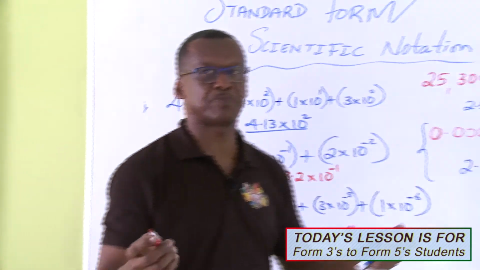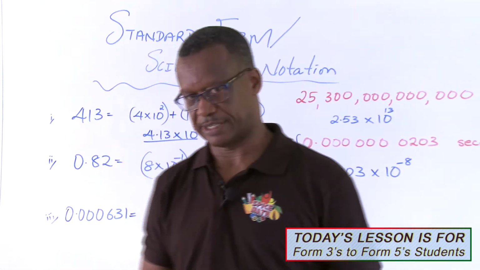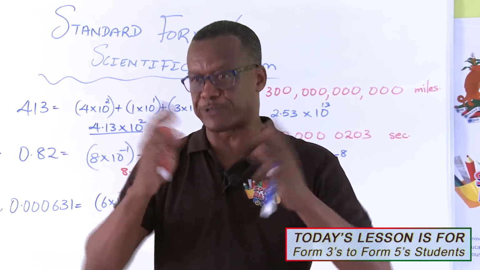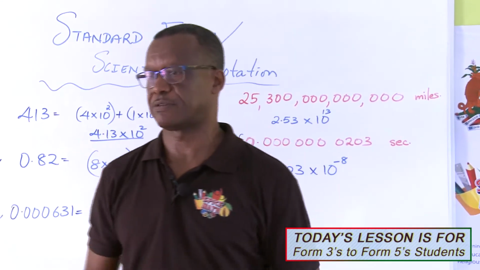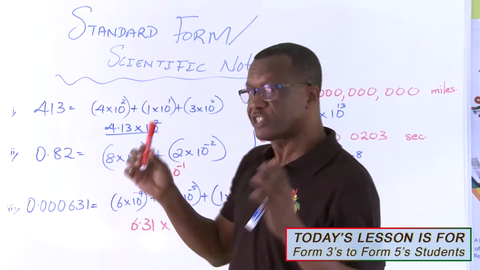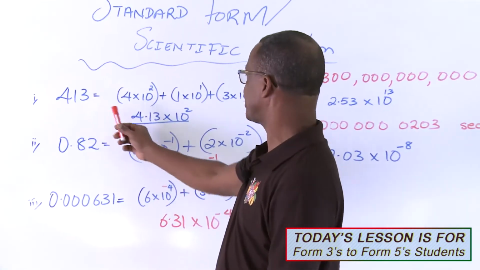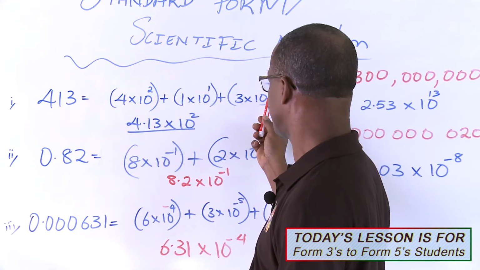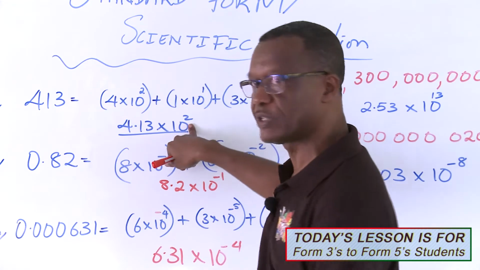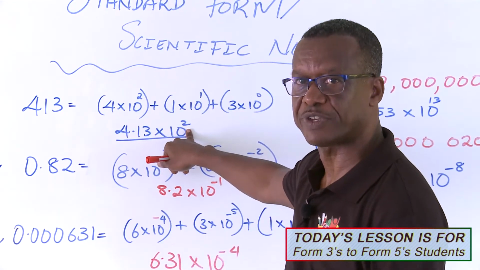And let's see if we could pick up the pattern that emerges. If you want to take a number from its normal form and express it in scientific notation, the emerging pattern is if you expand the number, the highest power is what will be used in the expression of scientific notation.